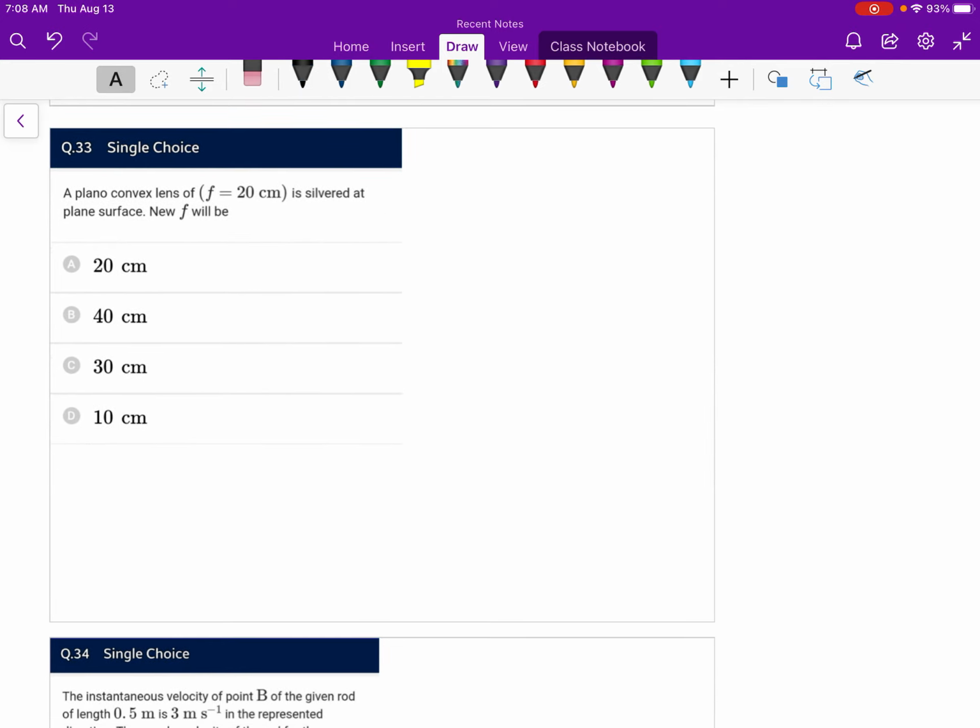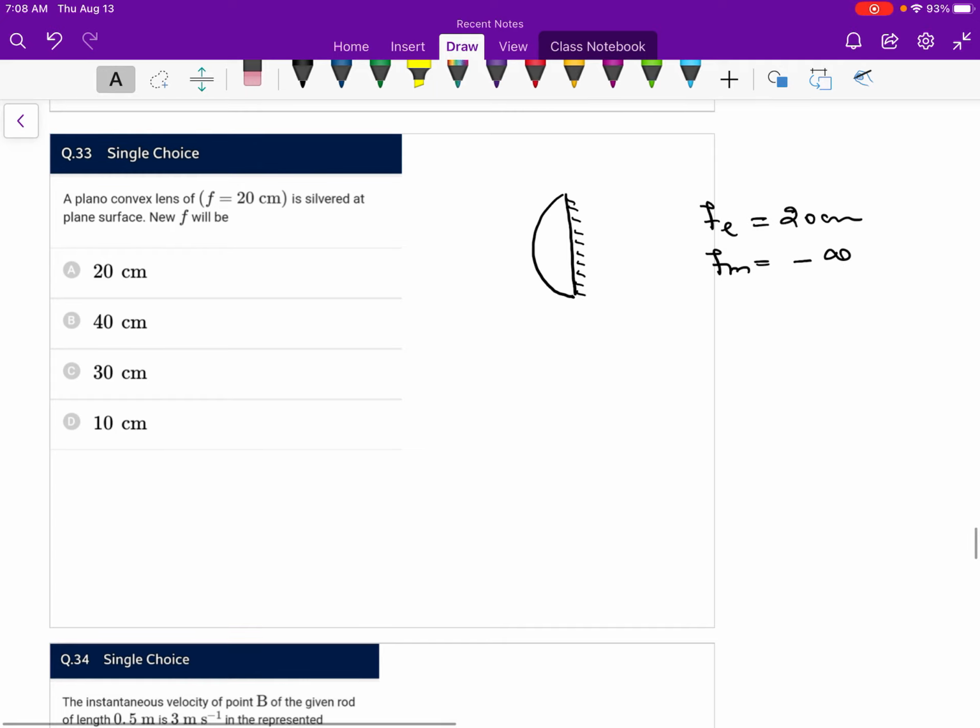A plano-convex lens is silvered at plane surface. So this is plano-convex lens and this is silvered at plane surface. The focal length of the lens is given 20 centimeter and focal length of the mirror is infinity. So equivalent focal length: 1 upon f equivalent is 1 upon fm minus 2 times 1 upon fl.